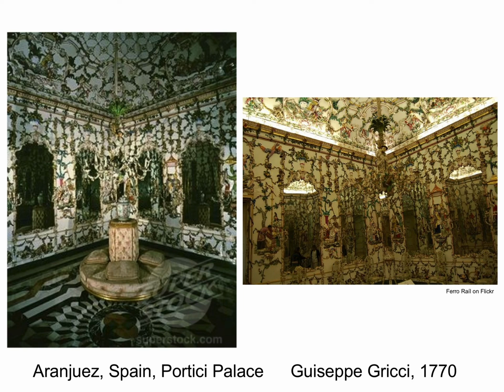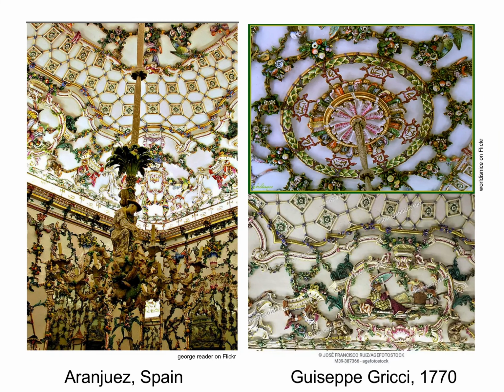And then the designer of that room, Giuseppe Gricci, went to Aranjuez in Spain and did the same thing again at the Portici Palace there. So he designed and built two rooms of porcelain, one in Italy at Capodimonte near Naples, and one in Spain as well. And this is a detail here of the work of Giuseppe Gricci at this palace in Aranjuez.